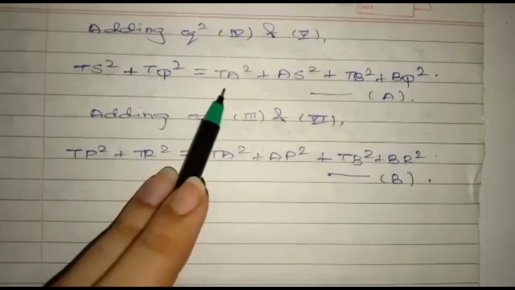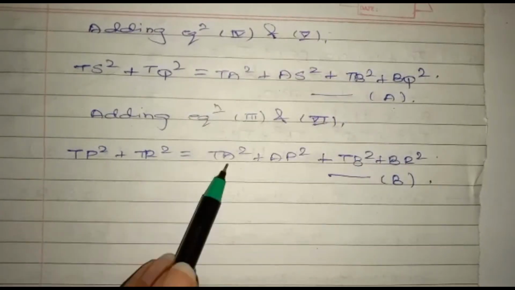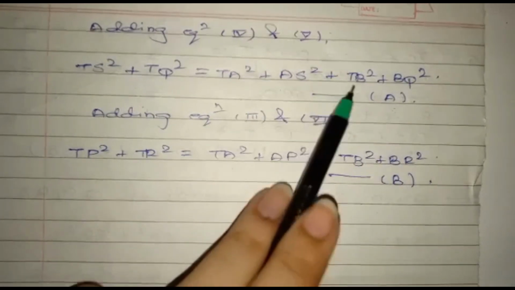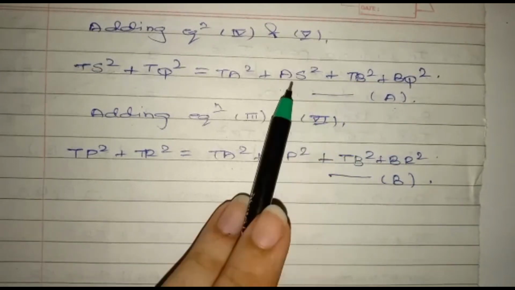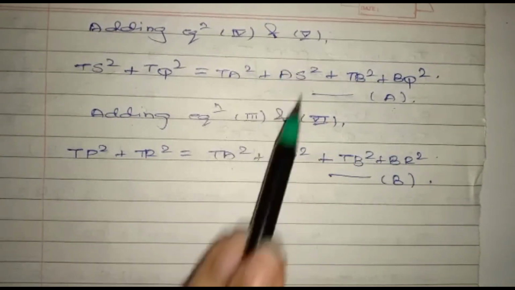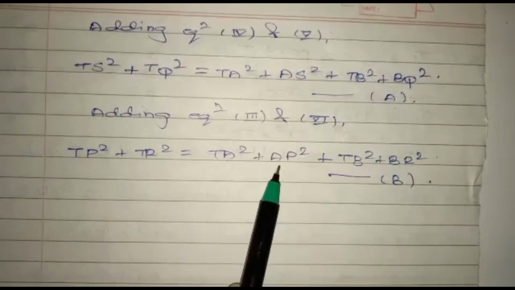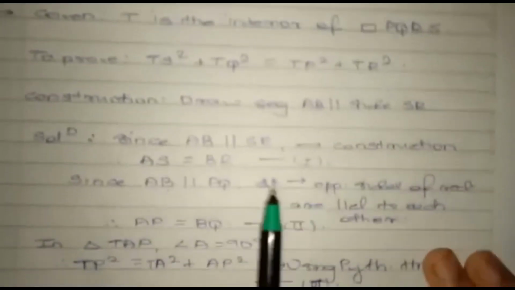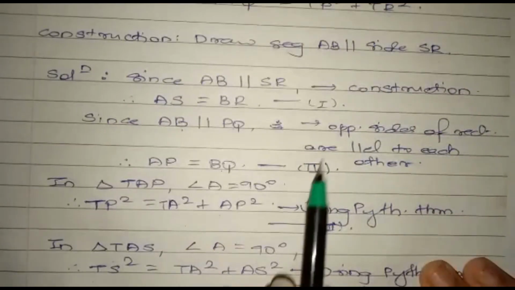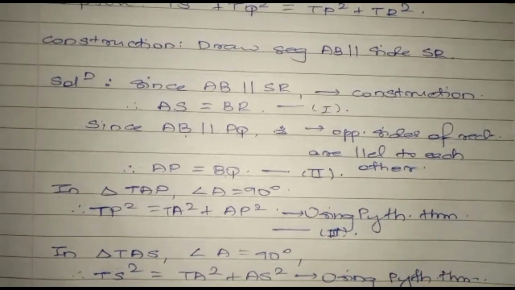Now we can see on the right hand side we have TA square which is already equal and we have TB square which is equal, but now we have to prove that these four terms are equal to each other. Now we have to use equation 1 and 2. I will write this on the next page.